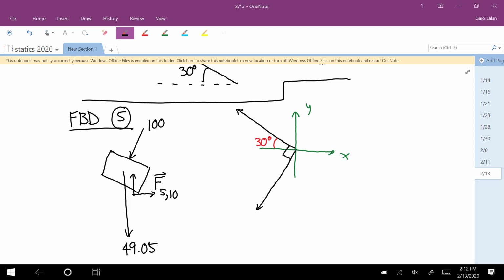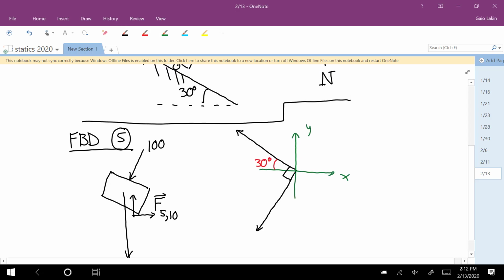Well, now from the positive x-axis to get to that first vector, the angle is 180 minus 30, so 150.